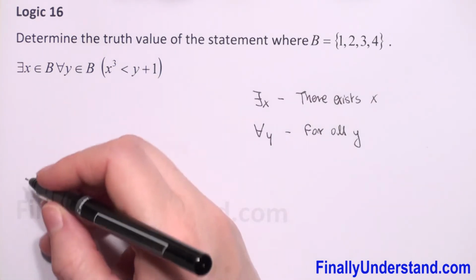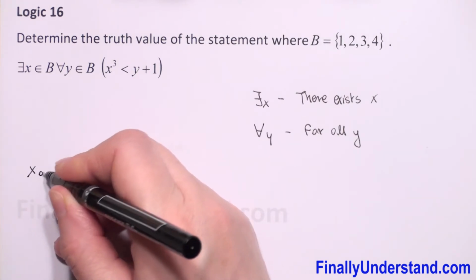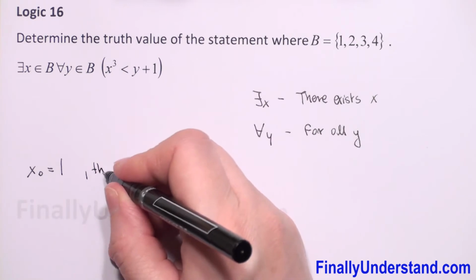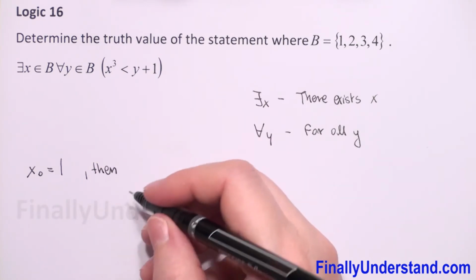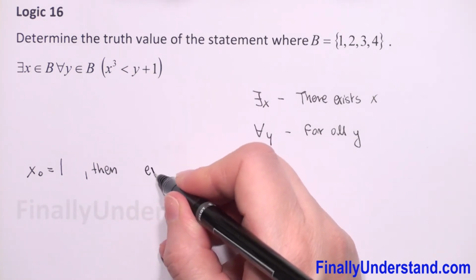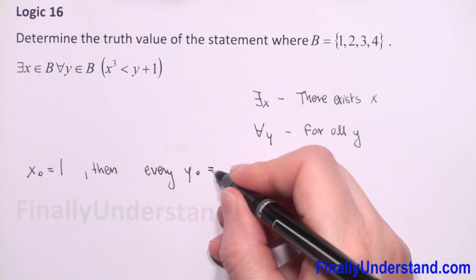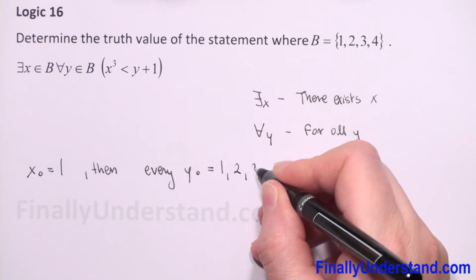So let's see. If X equals 1, then for every Y we can choose 1, 2, 3, 4.